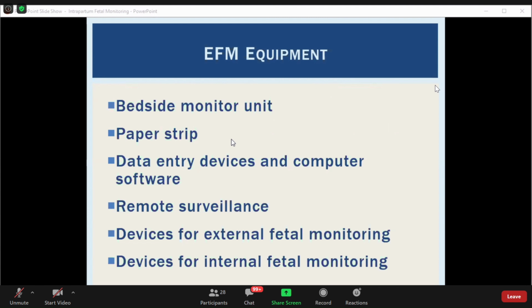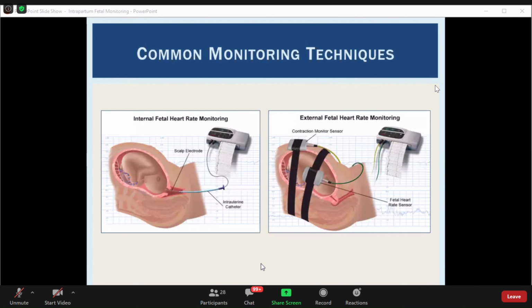All right. So the equipment that we have, I'm going to go through this in relationship. It makes better sense to talk about it as we're doing it. So we can monitor internally, we can monitor externally, and we'll talk about the difference in the two.